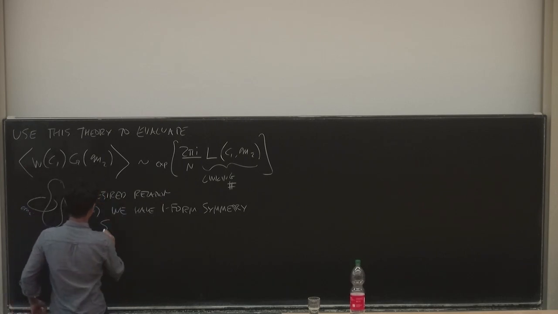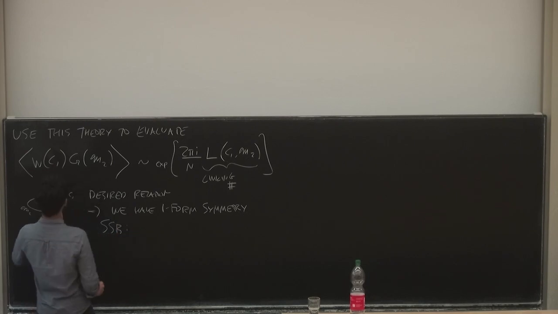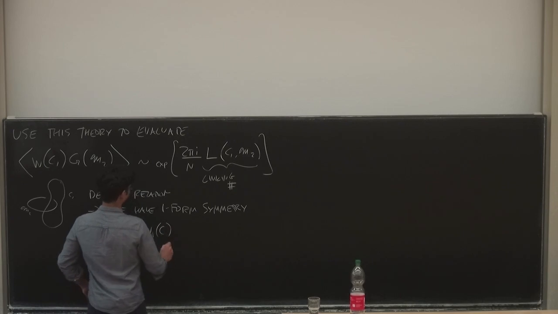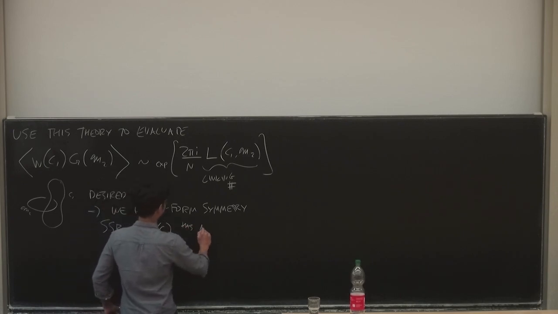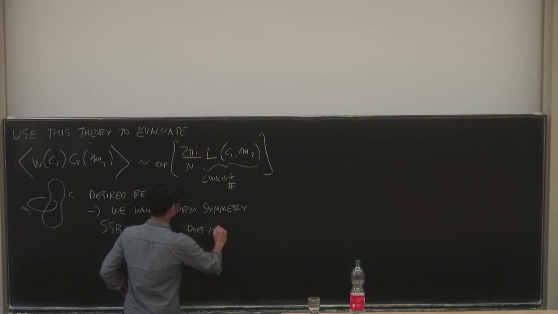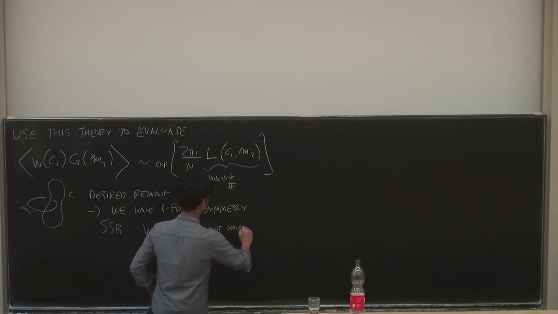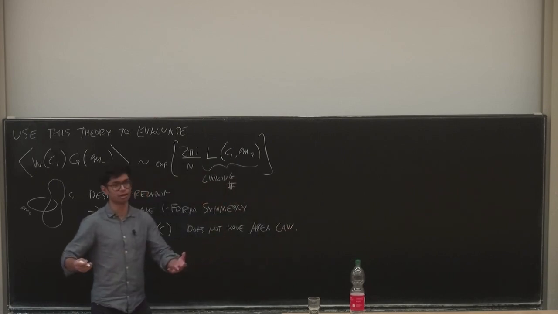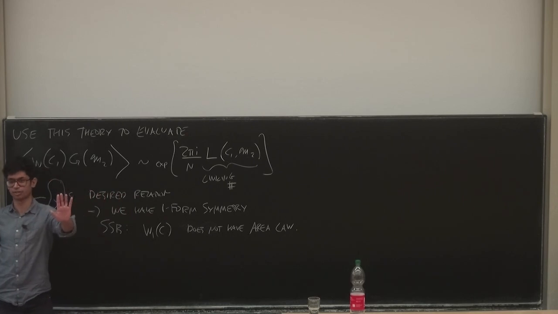And furthermore, it is spontaneously broken because in this theory, W of C does not have an area law. The right thing to say here is that it basically doesn't depend on anything. It actually doesn't depend on C at all. So it has an extreme version of the perimeter law where the coefficient in the perimeter is actually 0.